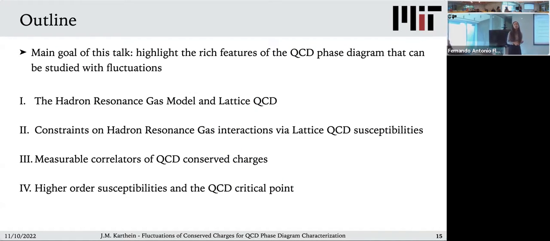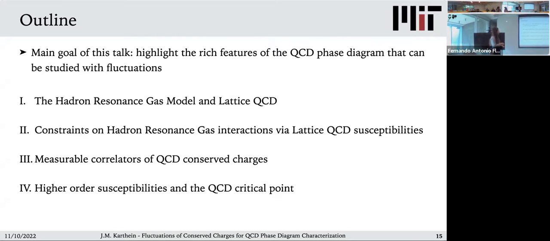Okay, so in this talk, my main motivation is to highlight how you can get access to rich features of the QCD phase diagram by calculating the fluctuations. First, I will tell you about the model that I'm mainly going to be using, which is the Hadron Resonance Gas model, how that compares to the ground truth first principles QCD results, and then study that particular model and see how we can describe as much of that first principles data as possible.